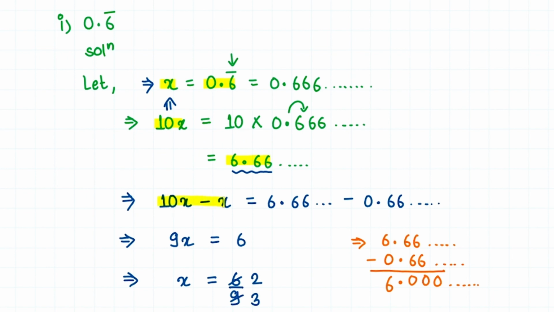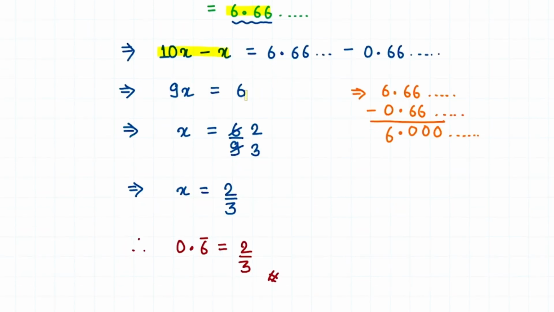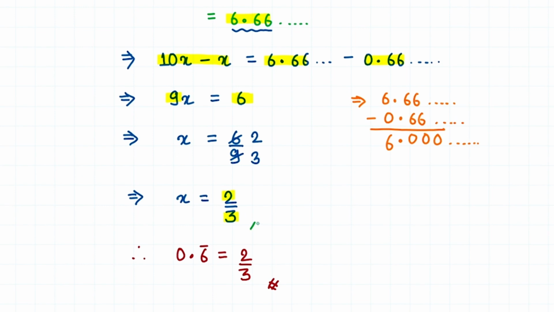So we subtracted our 10x and x over here. And when you subtract these 2 non-terminating decimal expansions, you get a terminating decimal expansion. And then you can easily find the x by moving this particular number to the right side, and you get your fraction over here. And that's it.